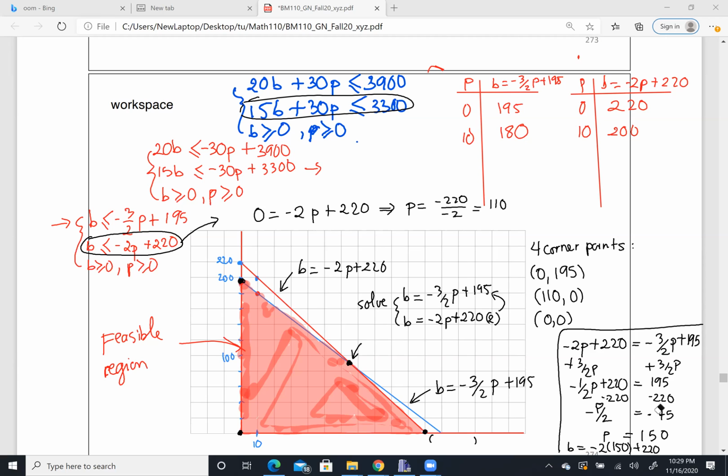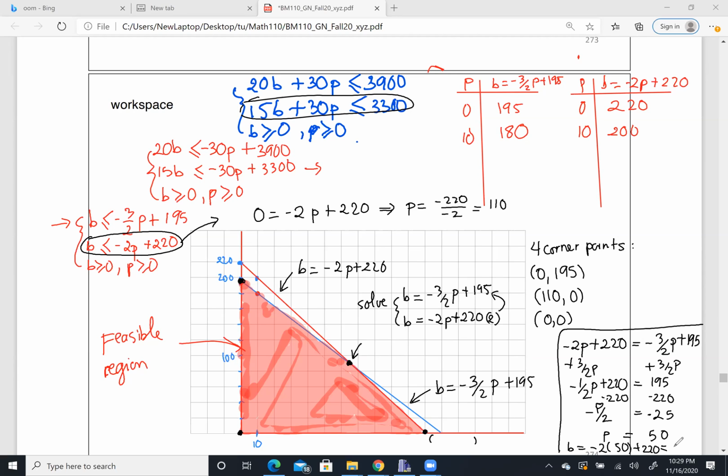Now it's going to become negative 25. And then multiplied by negative 2, it's going to be 50. And then b will be negative 2 times 50 plus 220. Okay, now it makes sense.